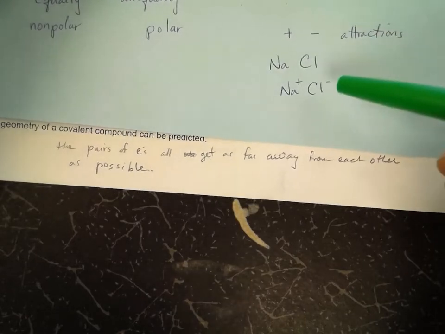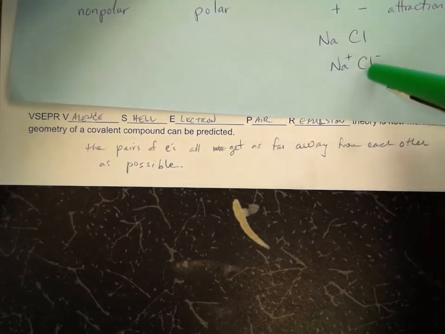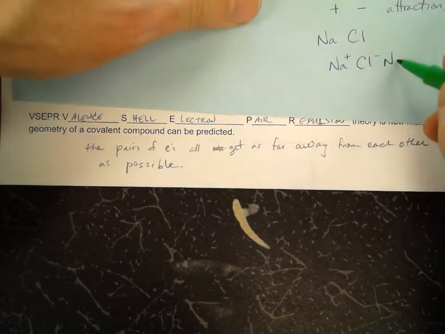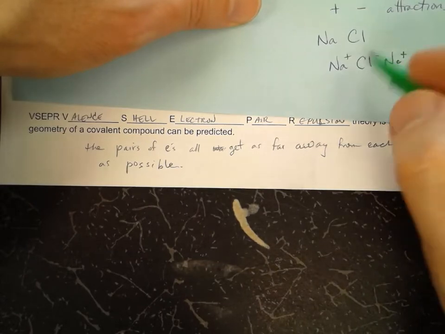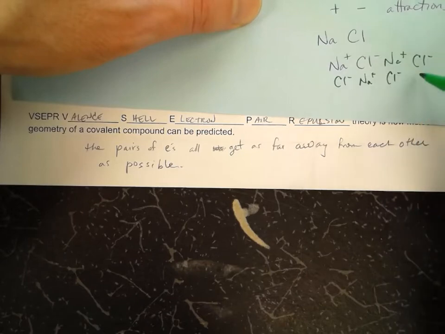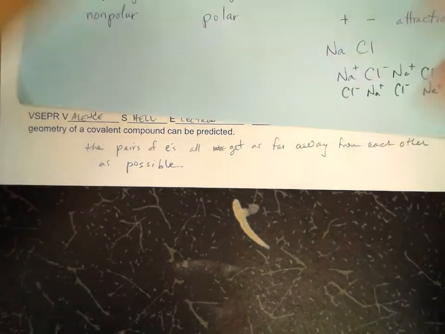Now you have positives and negatives, they will attract. And when they do that, we make what are called formula units. And those small formula units would then combine to make a crystal lattice. So it'd just be a collection of these positive and negative ions.